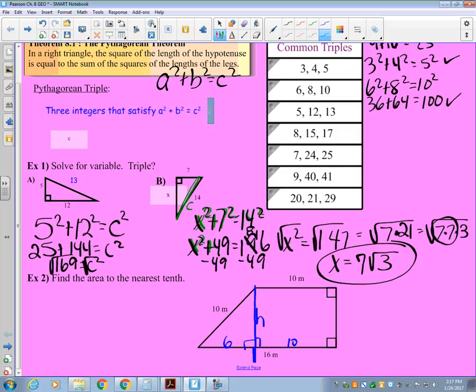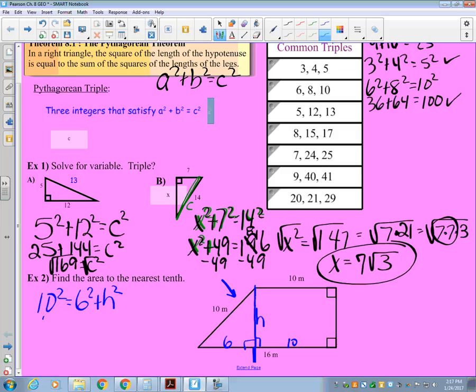I'm going to solve for my height here. So I'm just going to focus on this right triangle. I don't know h. I know my hypotenuse is 10, so we're going to square that. I'm going to square my side and square my height.